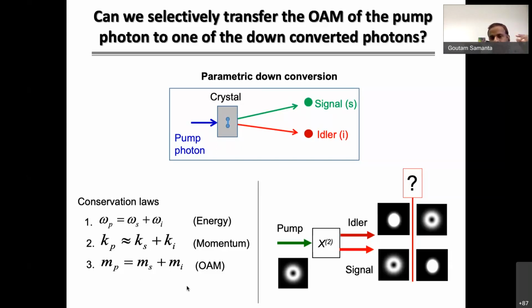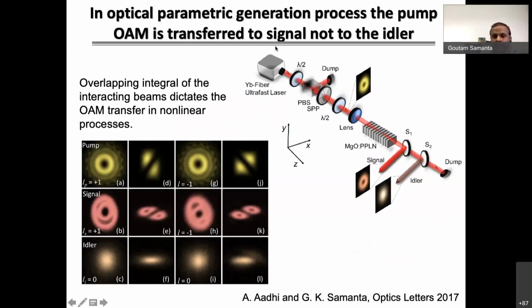To check this, we have done an experiment. We have a laser, converted it into a vortex structure with orbital angular momentum of 1, and passed it to the nonlinear crystal to do optical parametric generation. In the case of SPDC, optical parametric generation has a certain threshold.